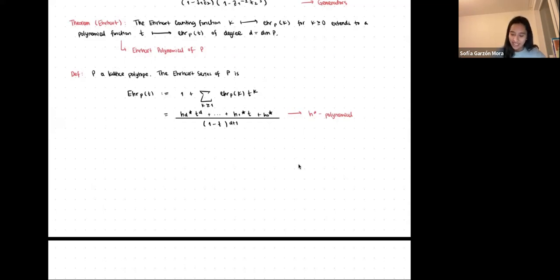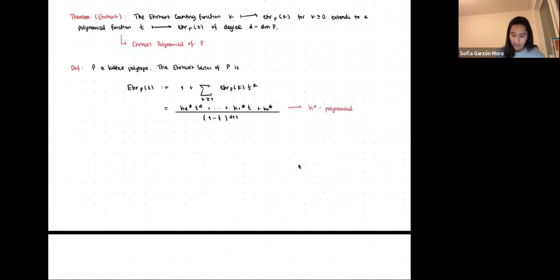And the great thing is that this is very, very interesting, because from the H-star polynomial, you can know certain things about the polytope you started with, but not all of them. And a lot of these questions are still open, but maybe I can tell you some results.